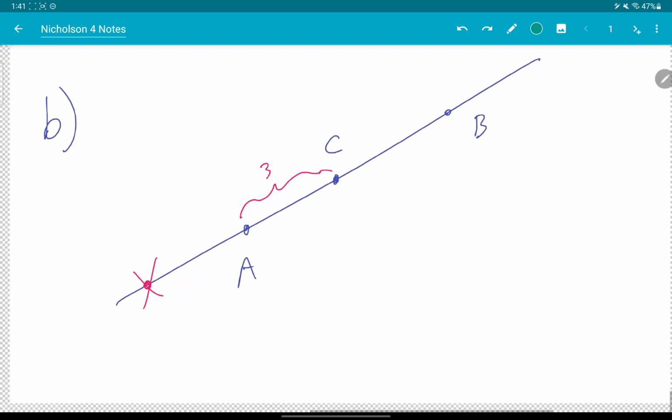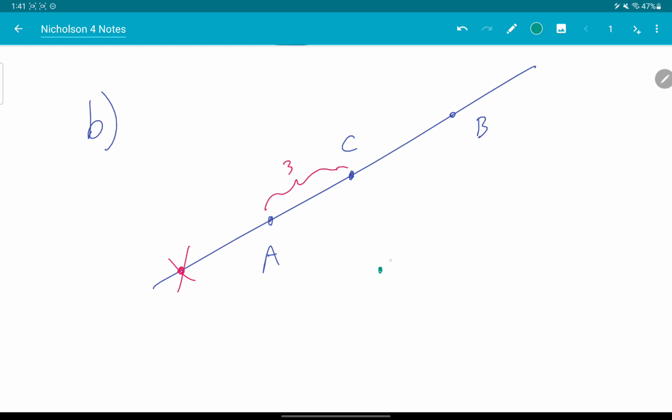Well, first thing I'm going to notice is that I got my direction vector. Let's say the origin is here. I got my direction vector for the line. Let's say the direction vector is super long, whatever. First thing to notice is that this direction vector and the vector AC here are parallel.